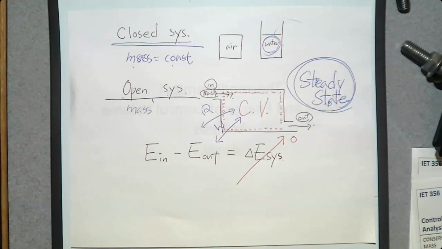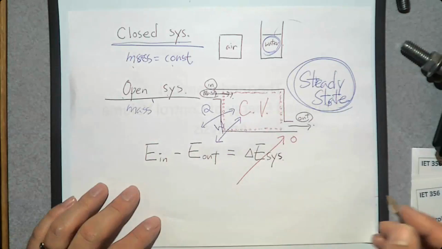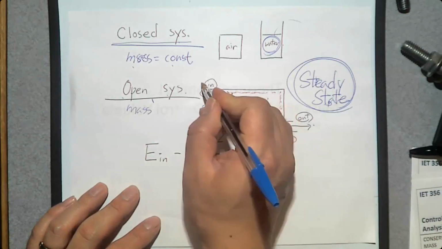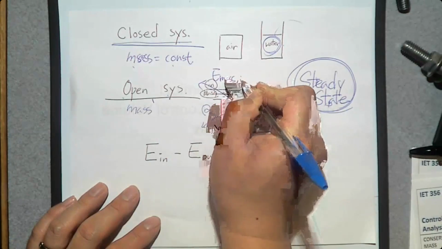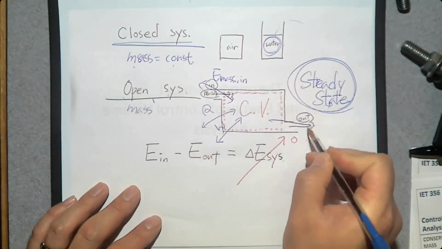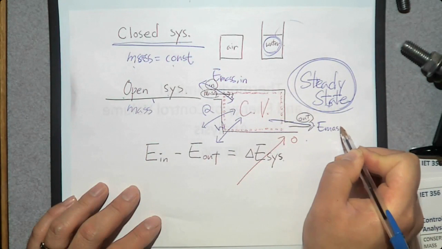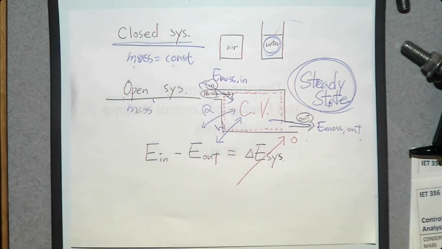So when there is a mass transfer, there is energy carried by the mass that goes in and comes out. So there is one more energy transfer: energy transfer by mass at the inlet, energy transfer by mass at the exit.